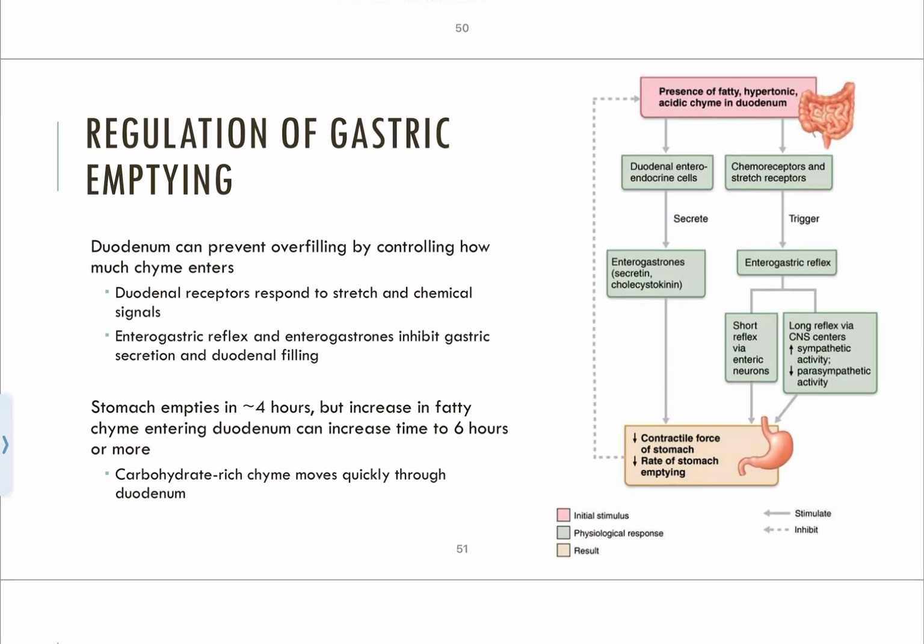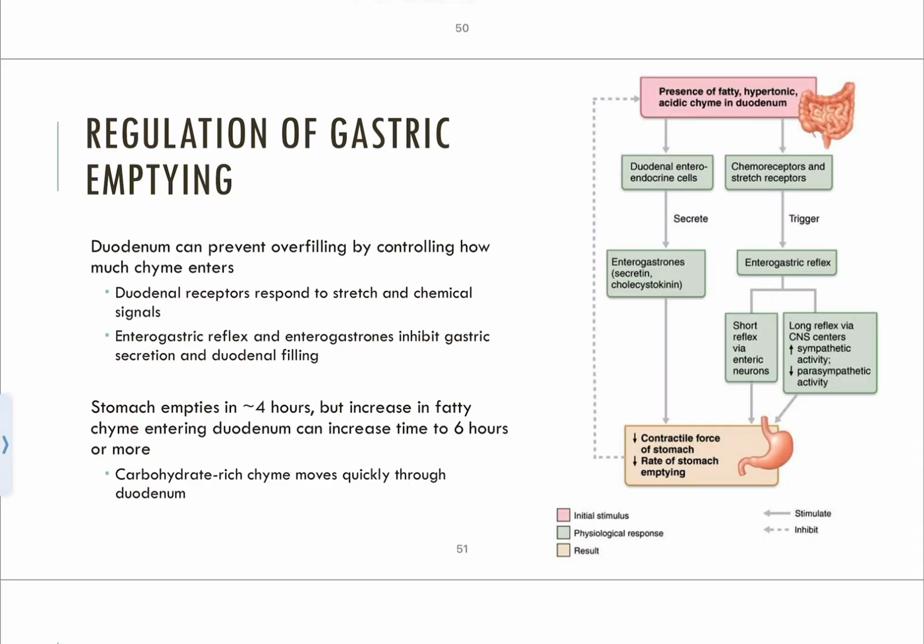So how do we regulate it? The stomach usually empties completely within a couple hours after a meal. If you have a larger meal, that means you have greater stomach distension, so you've stretched your stomach more, and it's going to cause your stomach to want to empty faster.